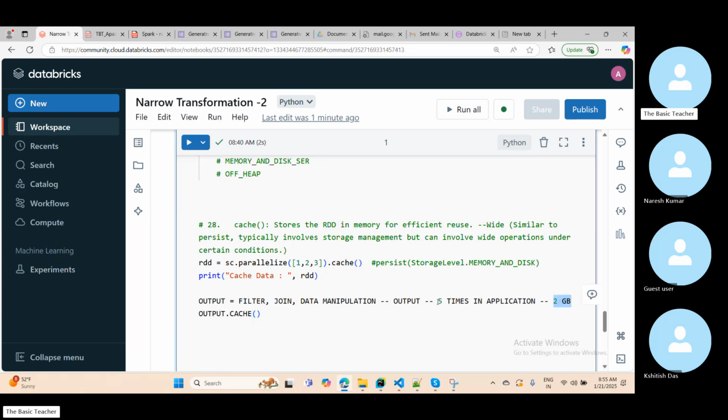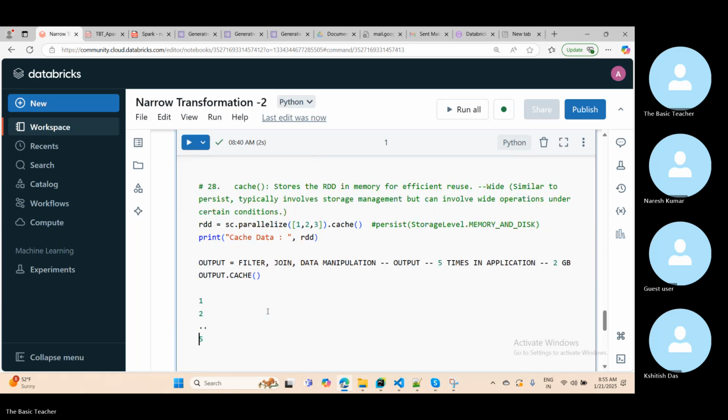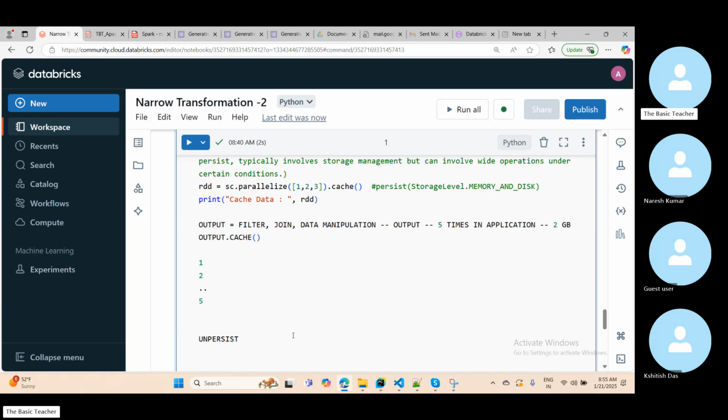So take this, and once you have used it the first time, second time, fifth time also, then finally unpersist this, free up the memory. If you are not freeing up the memory, then you are creating an issue. That should not be.